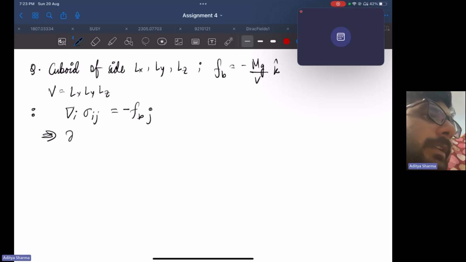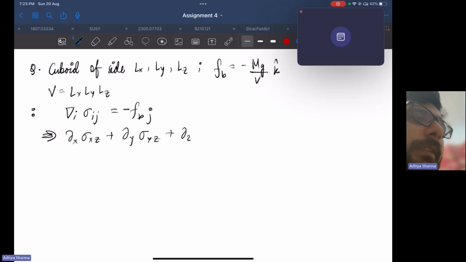So I have del x sigma xz plus del y sigma yz plus del z sigma zz is equal to mg by V k cap. This is one.